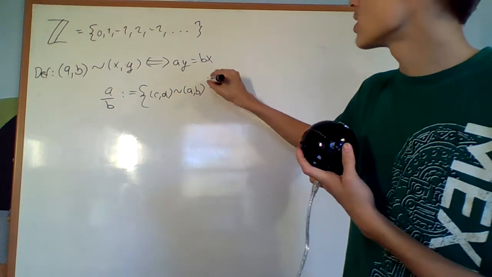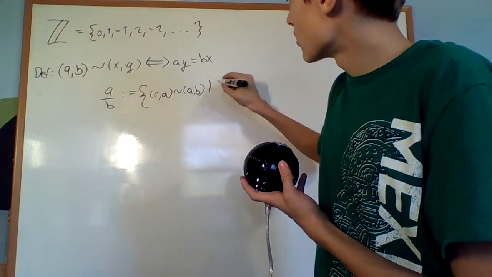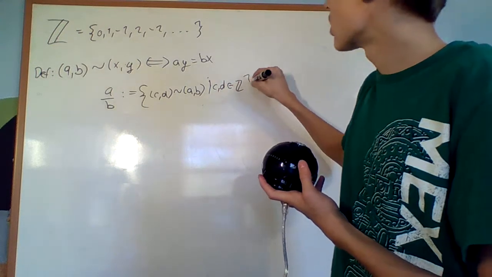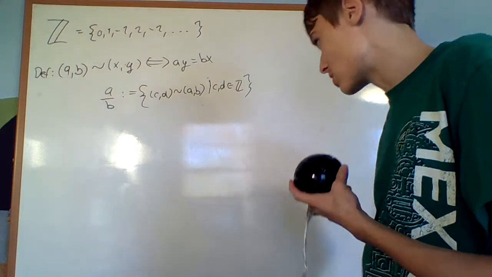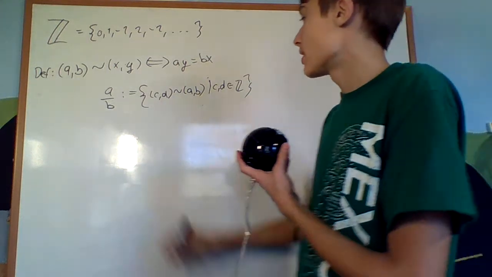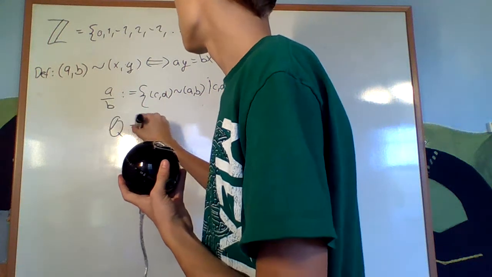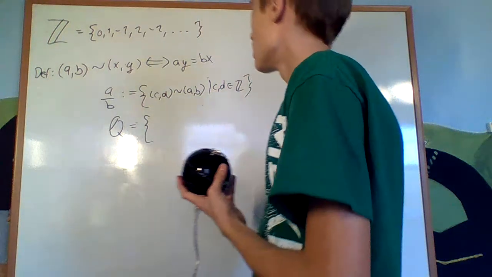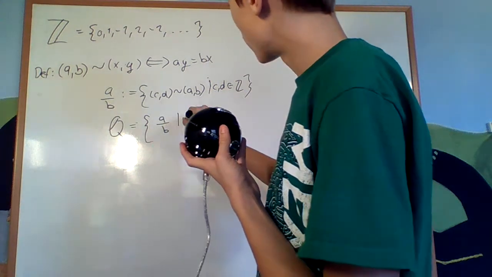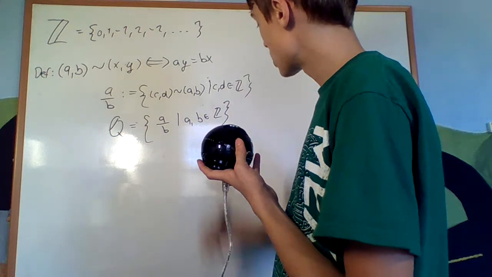More specifically, the set of all (C, D) congruent to (A, B) such that C and D are in Z, the integers. So, what I'm going to define Q as, Q is going to be equal to the set of all A over B for A and B in the integers.